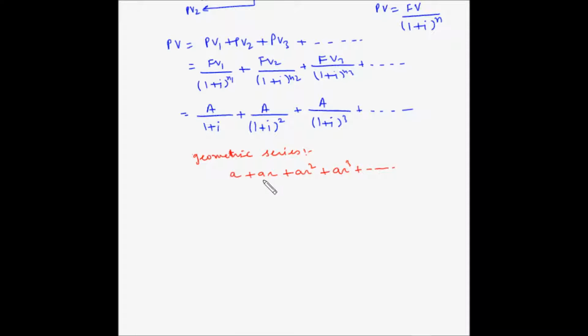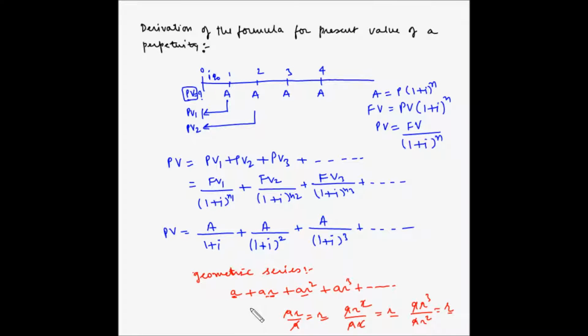For example, AR divided by A is equal to R. Similarly, AR square divided by AR is also R. And AR cube divided by AR square is also equal to R.